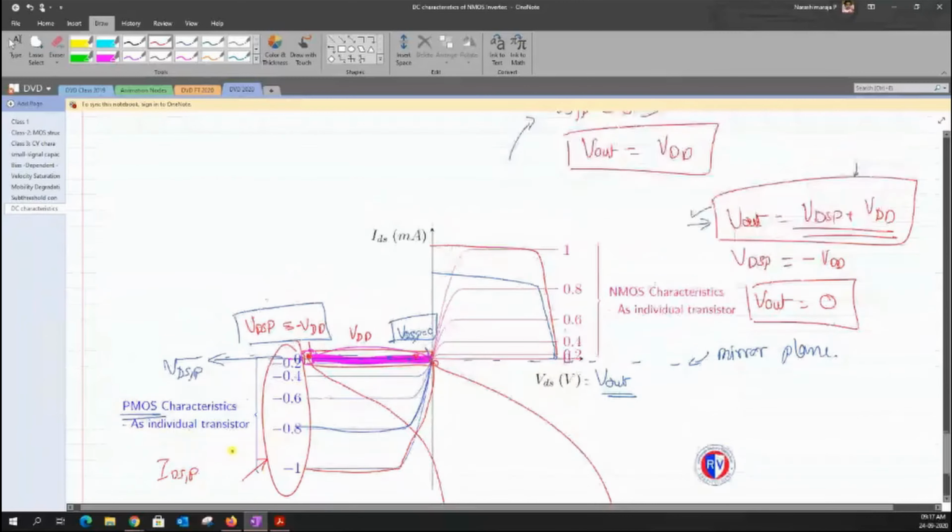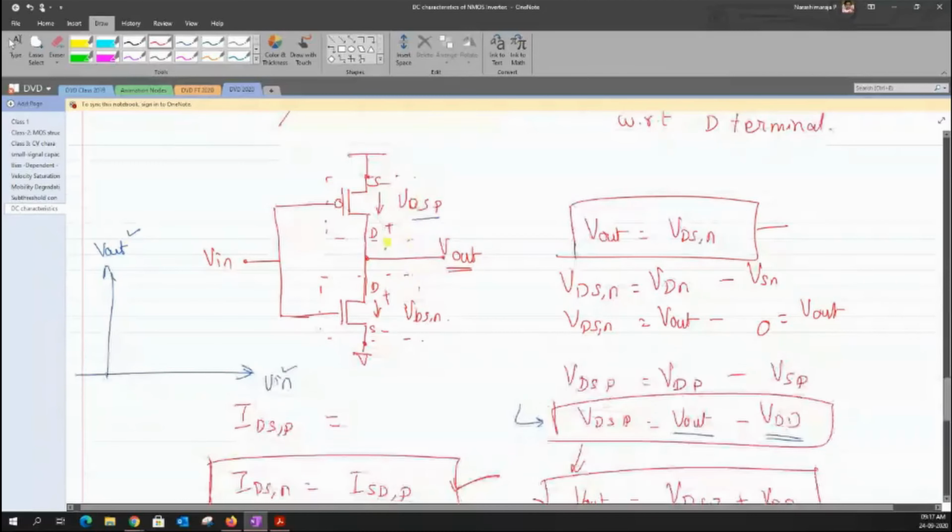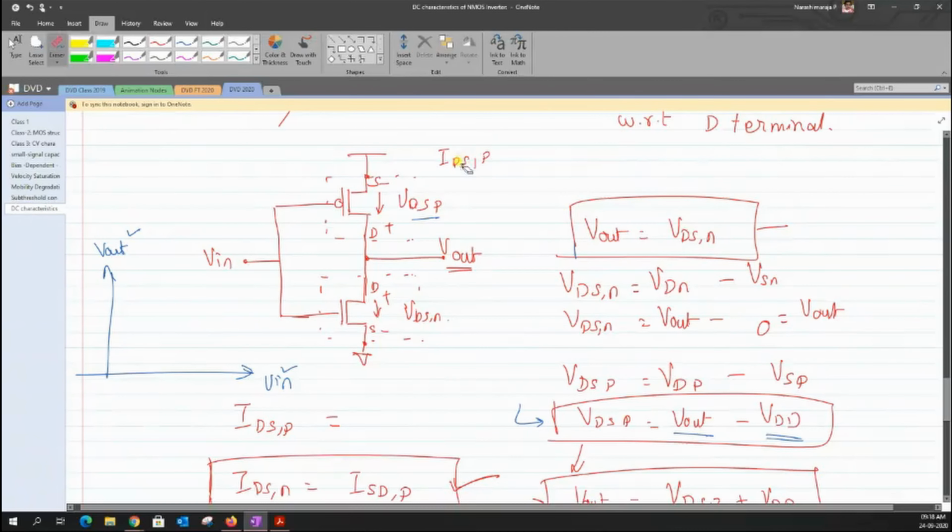But we know that the current flowing along the PMOS is from the source to the drain, because current flows from higher potential towards lower potential. So rather than writing it like this, we can write the current flow the other way, from source to drain.